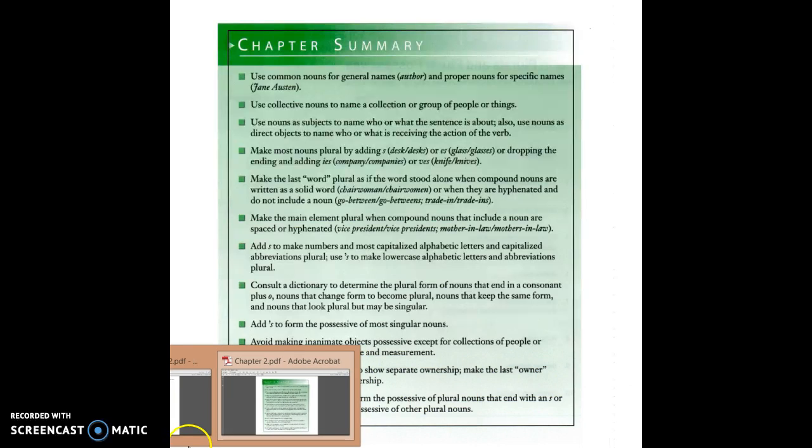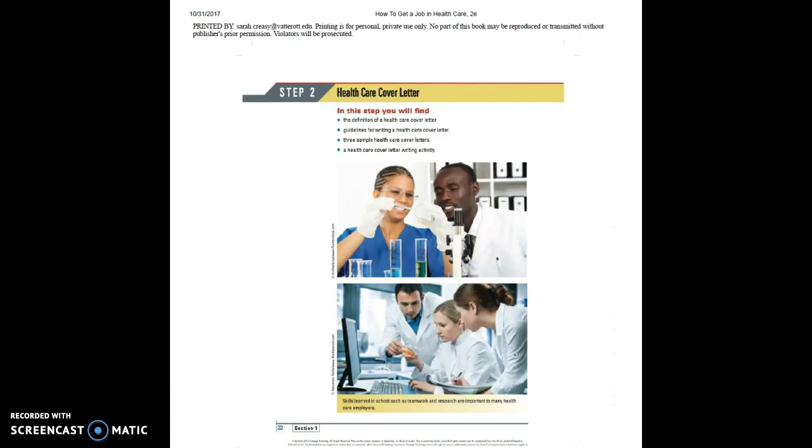Then the second piece that you're going to be working on this week is Step 2 of Section 1 in your How to Get a Job in Healthcare textbook. So last week we looked at how to create a resume when we are in healthcare. This week we're going to be looking at how to create a cover letter. So again, we're going to be looking at basic cover letters.